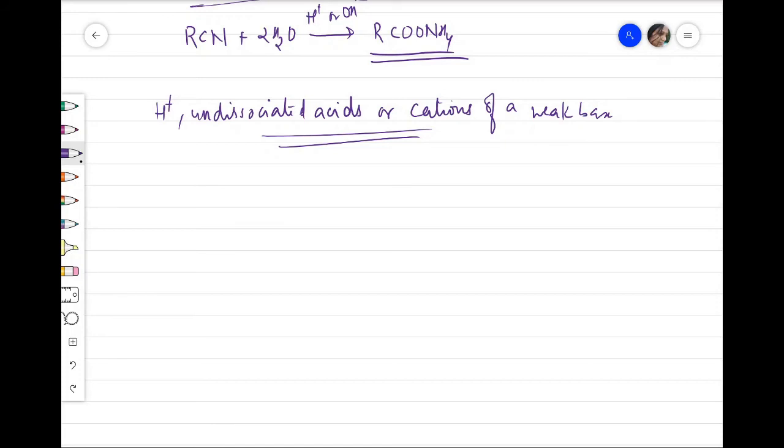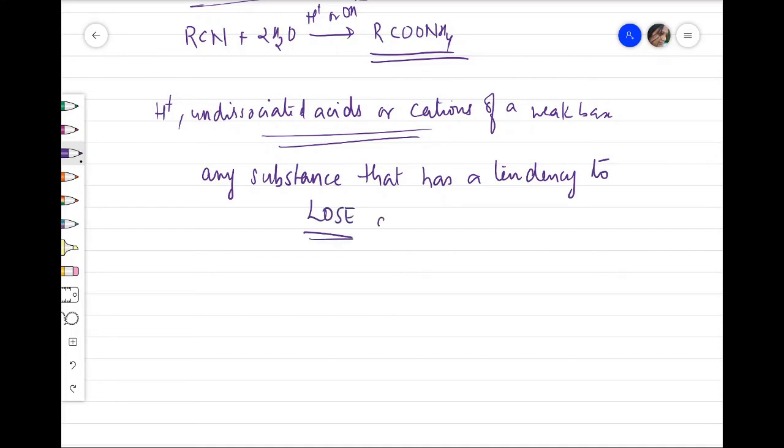Generally, if you have a reaction which is catalyzed by any substance that has a tendency to lose a proton, this is the Bronsted concept, and this is what we know as the Bronsted acid.